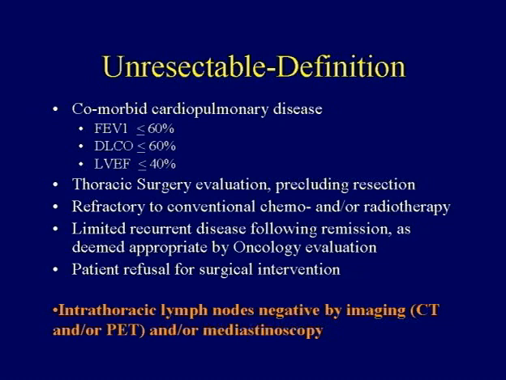A very important aspect here is that in the surgical management, there is an approach to really try and identify whether there's mediastinal lymphadenopathy. And obviously the mediastinoscopy is a very important part of the procedure that we can't really do in the imaging world.